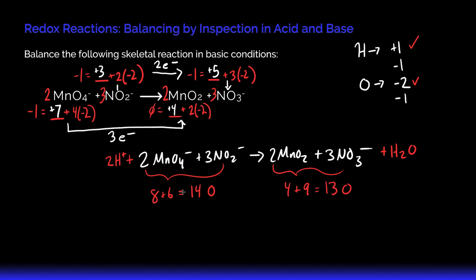And so what I have to do here is neutralize the H+ with hydroxide, but because my reaction is already balanced, I need to understand that if I were to simply add 2 hydroxide to the left side of the equation, my reaction would no longer be balanced on the left and the right. And so I do need to, in this particular step, add my hydroxide to both sides.